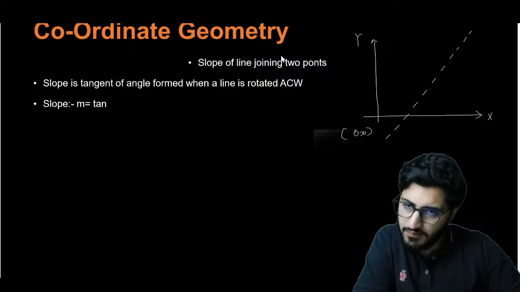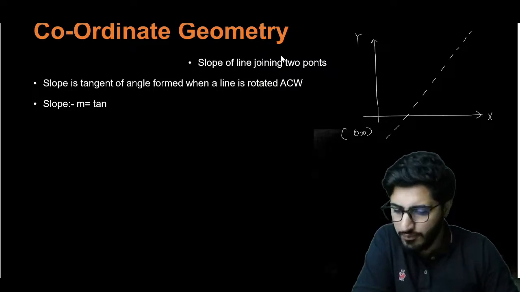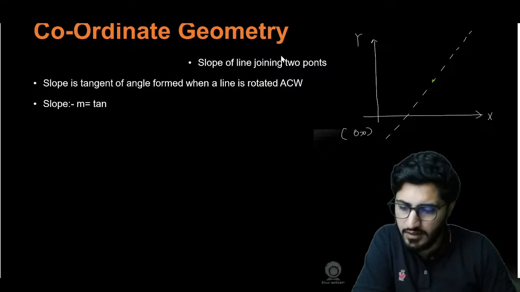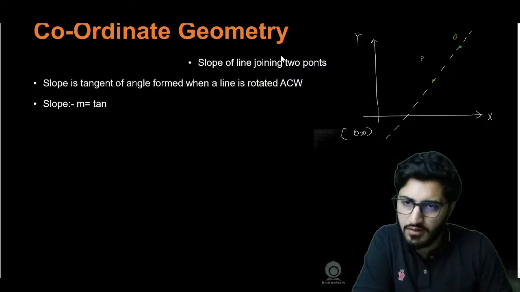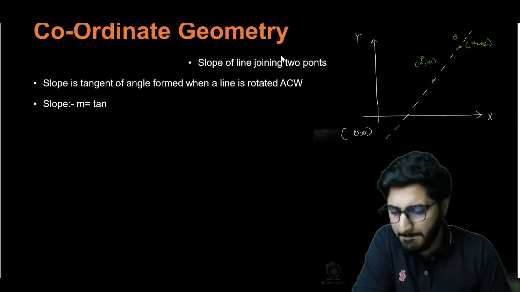Like this. Okay, my first point is here, second point is here. This one is P, this one is Q, and this is x1 y1, this one is x2 y2. Clear?